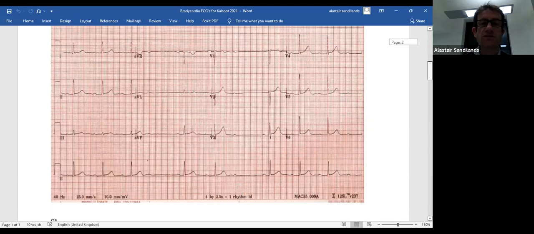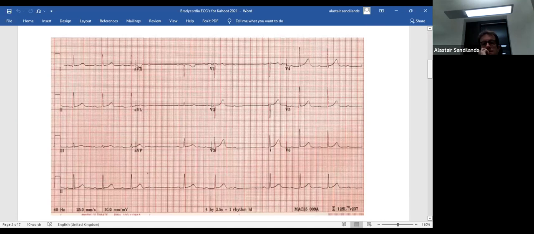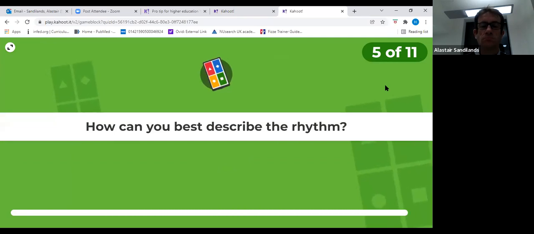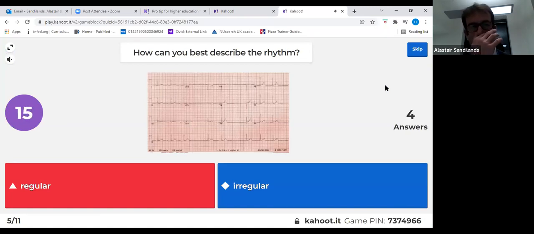So this is question 5. Yeah, it's irregular.